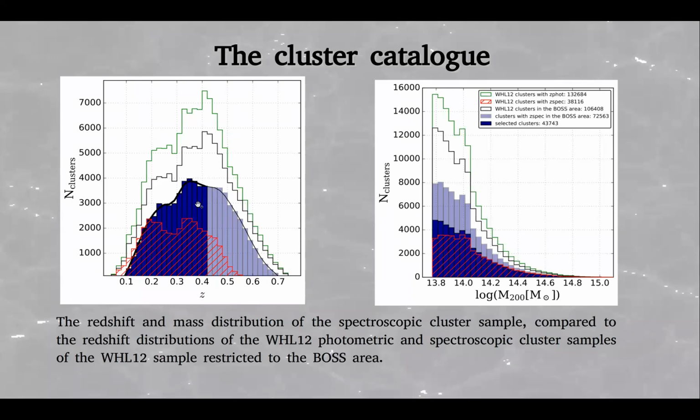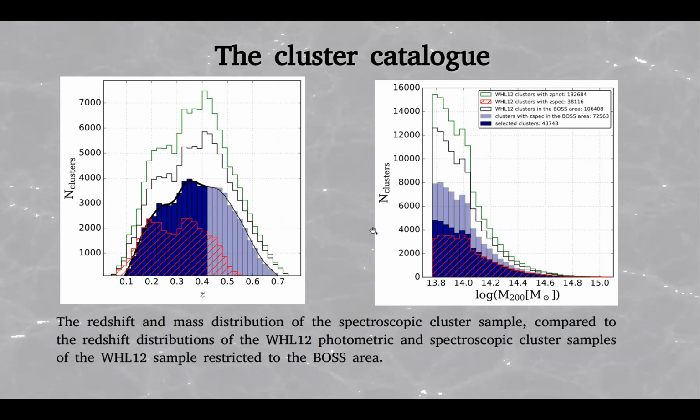At the end, this blue and gray is the sample we used, and in particular, we selected only objects at low redshift, lower than 0.45. So this part is the sample we used because we wanted to have a complete or pure sample without having to rely on the selection function too much.